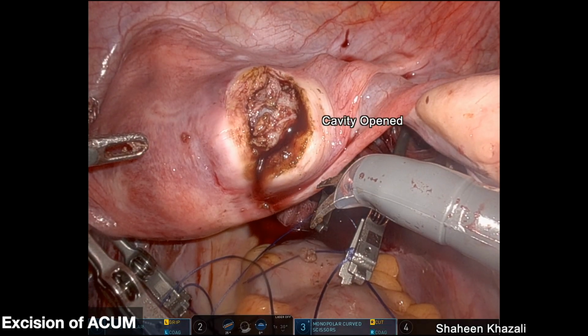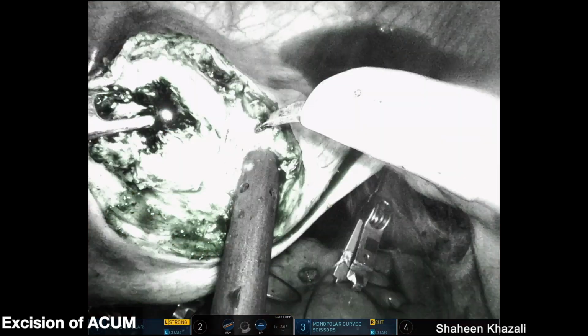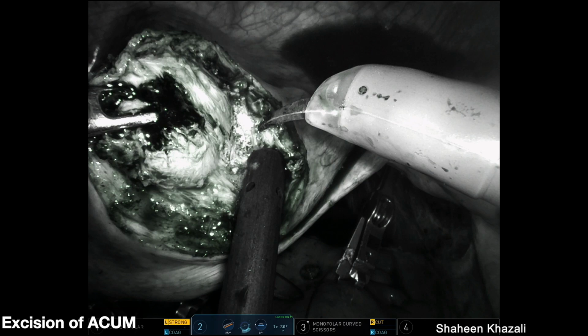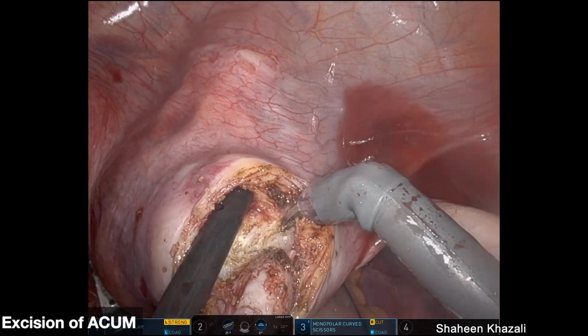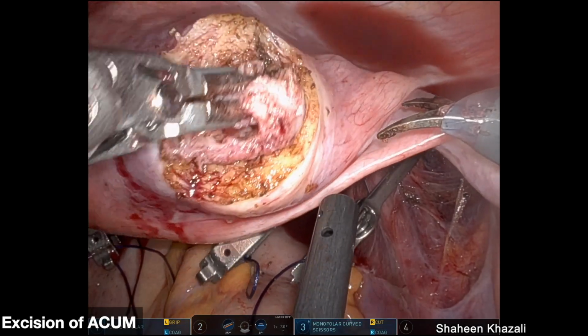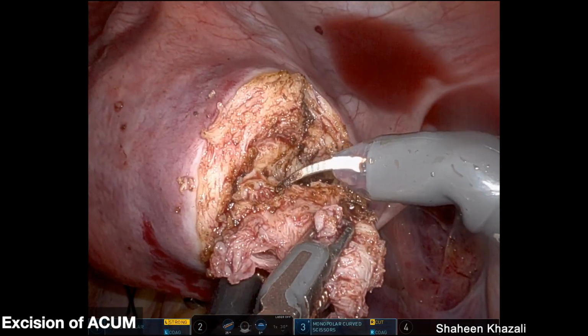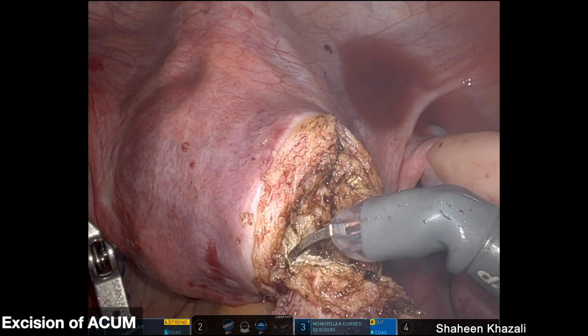And you can see here that when the cavity is opened, hemorrhagic material is exposed. We're constantly using ICG to ensure that we are not close to or encroaching on the endometrial cavity.